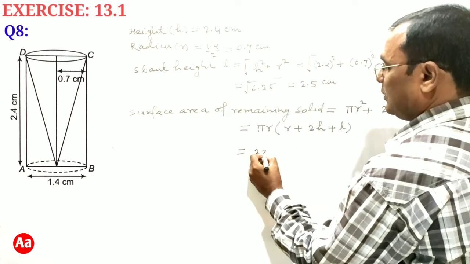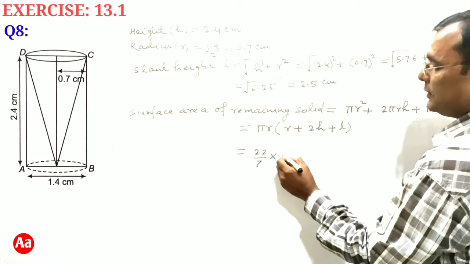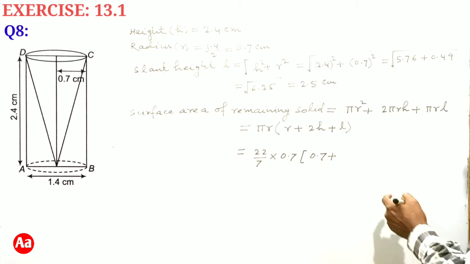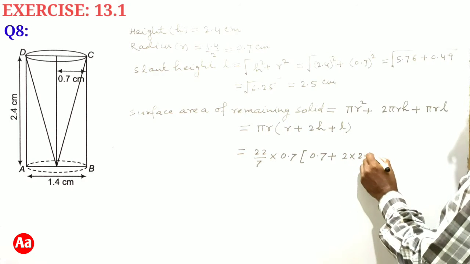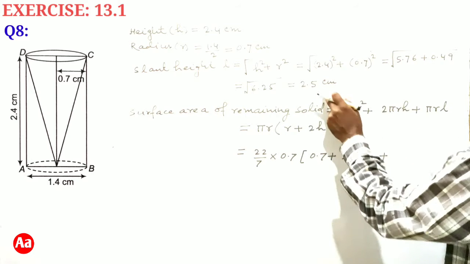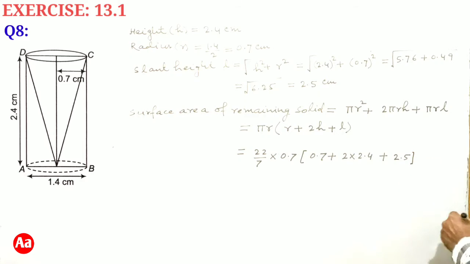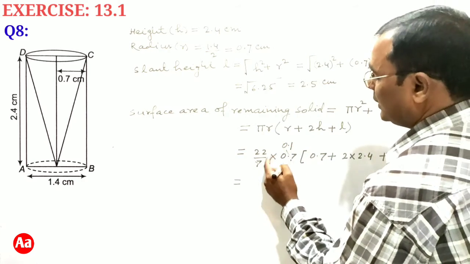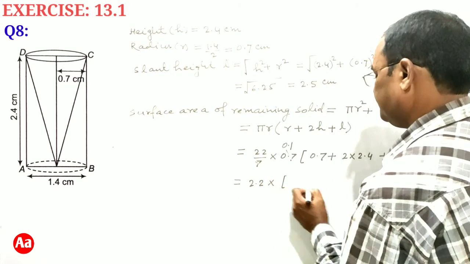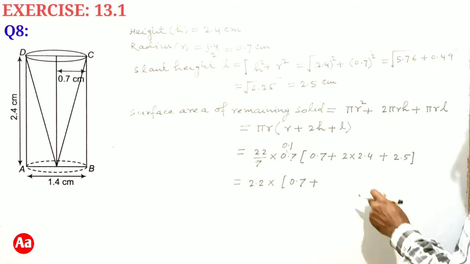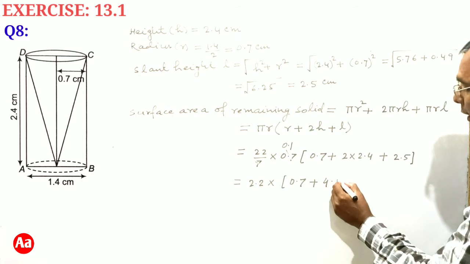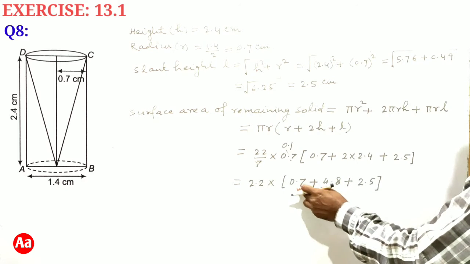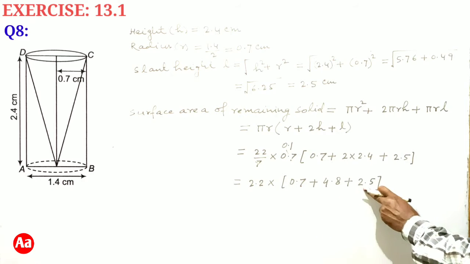So let's put pi as 22 by 7, into radius 0.7, into 0.7 plus 2 into 2.4 plus slant height 2.5 centimeter. 7 cancels, 0.1 into 22 is 2.2, into 0.7 plus 2 into 2.4, which is 4.8, plus 2.5.